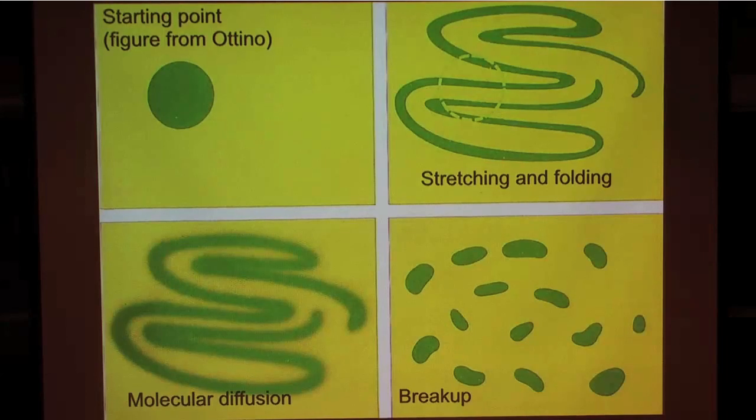So stretching that blob to make it elongated and folding it is going to create a region that is a mix of these two, yellow and green. When the bands get thin enough, the ultimate mixing occurs by molecular diffusion, if these are miscible fluids, miscible materials. In that case, the sharp boundaries between these are going to be smoothed out by molecular diffusion processes.